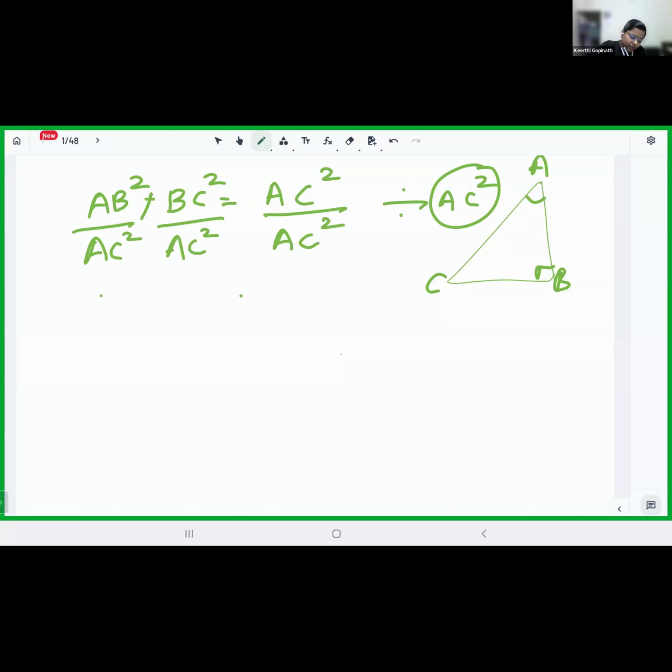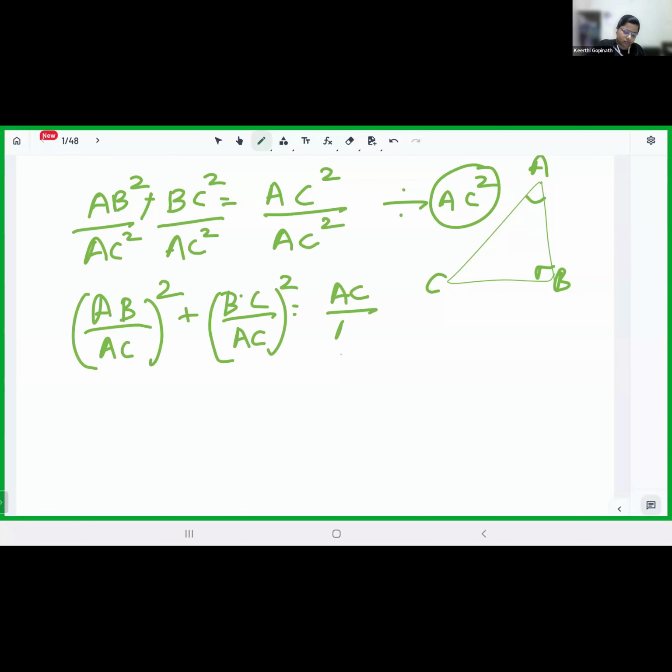AB square by AC square can be written as AB by AC the whole square, plus BC by AC the whole square is equal to AC by AC the whole square. So what can you say about AB by AC?